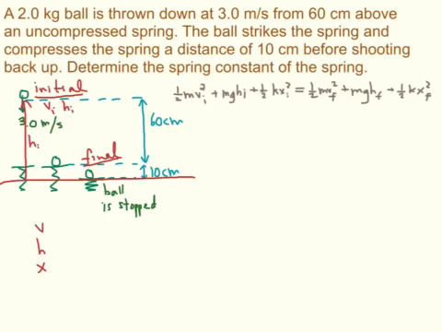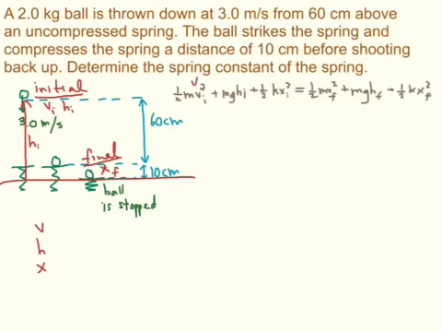The spring is compressed. How far? Has it compressed 60 centimeters, 10 centimeters, the sum, the difference? Well, the spring started out right here, where my cursor is, and it went down to here. So the compression is just 10 centimeters. So we do have compression. Let me write down X final.